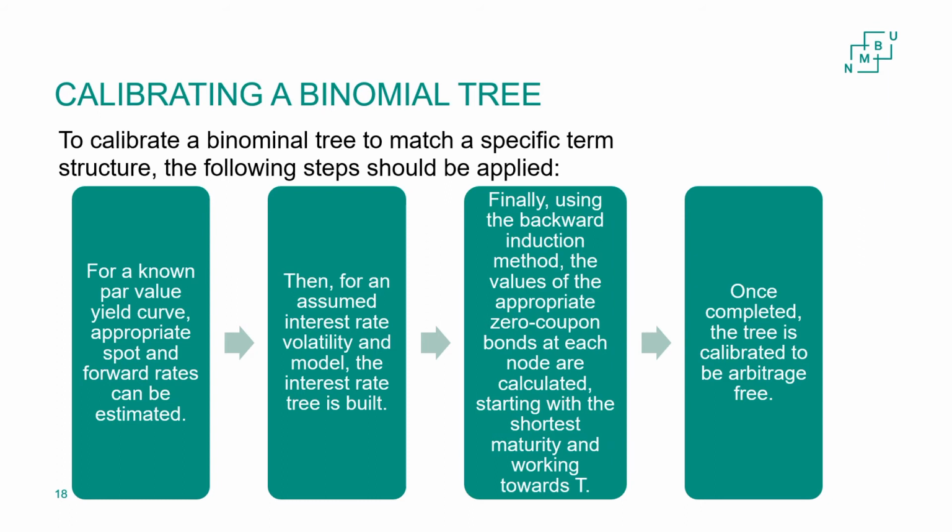And that means that you have to start with the shortest zero coupon bonds and just work your way step by step upwards until you have the longest maturity cash flow correctly valued by the interest rate tree. And once you have done this, the interest rate tree is arbitrage free. There will be a separate video showing this in Excel.